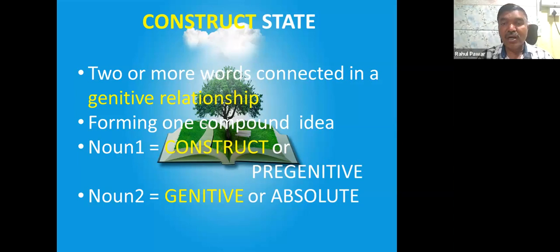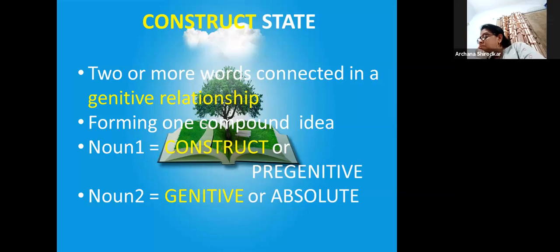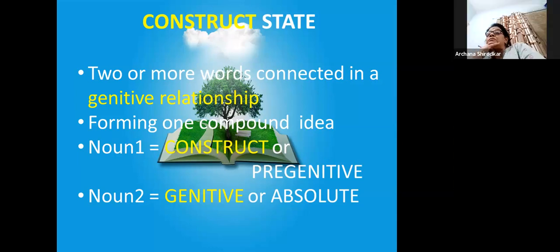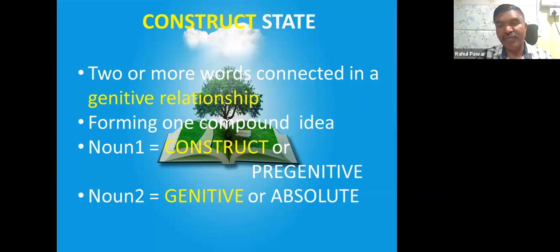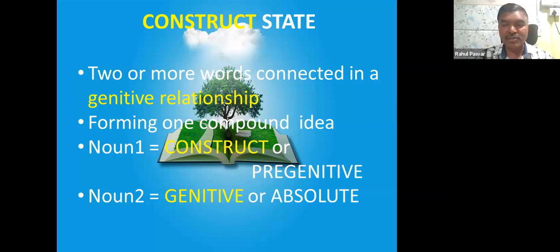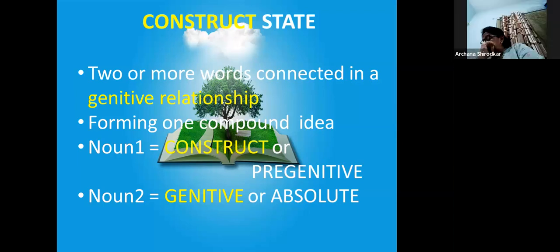There are some irregular nouns which take different vowel pointings, or can even take a feminine ending. Masculine plural nouns may take a feminine plural ending. So these nouns are called irregular nouns, even in construct state. The second noun is said to be genitive.